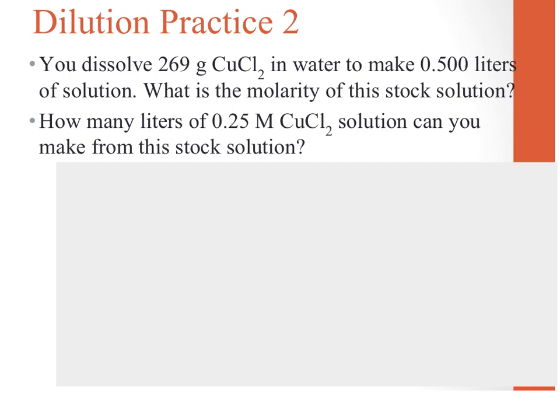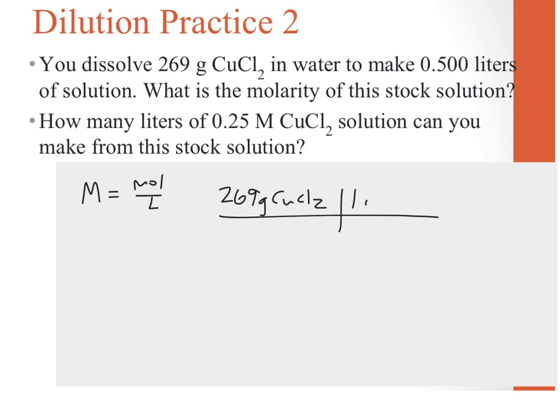This last problem is a little bit more complex because the first bullet point actually gives you some information to make your stock solution. And so let's do it. It's a basic molarity problem. Molarity equals moles over liters. If I have 269 grams of CuCl2, I can use the molar mass to figure out how many moles of CuCl2 I need to put in the numerator.